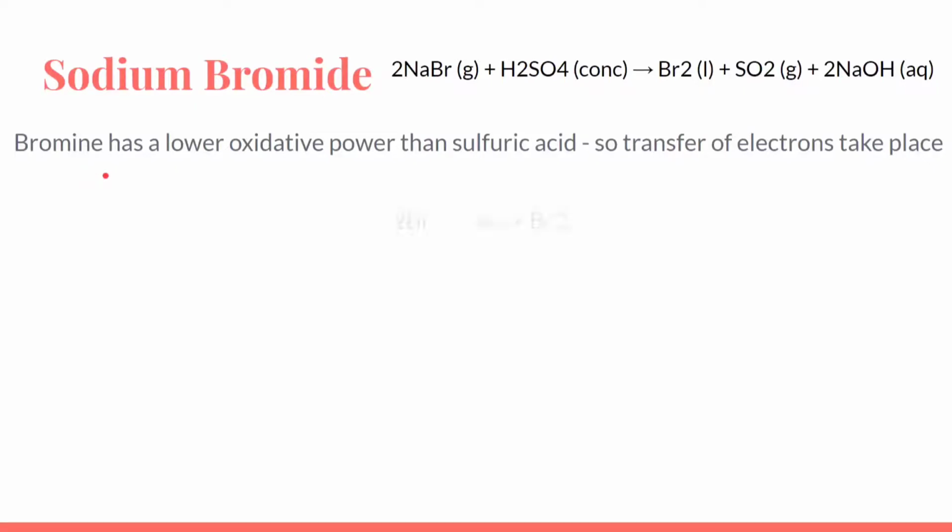And so let's break this down into this ionic half equation. So you can see that two bromide ions react in this reaction to form a bromine molecule, releasing two electrons at the same time.